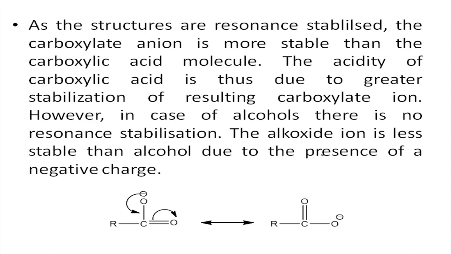The carboxylate anion is more stable than the carboxylic acid molecule. The acidity of carboxylic acid is thus due to greater stabilization of the carboxylate ion. However, in the case of alcohols, there is no resonance stabilization and the alkoxide ion is less stable than the alcohol due to the presence of negative charge.